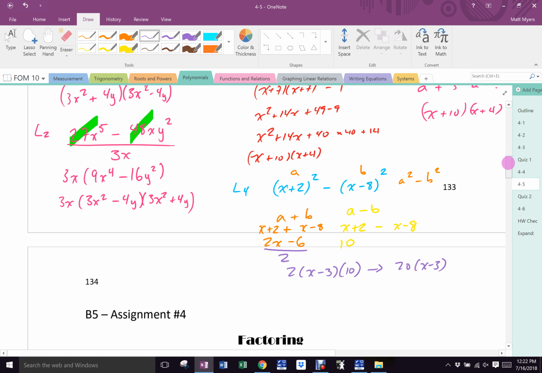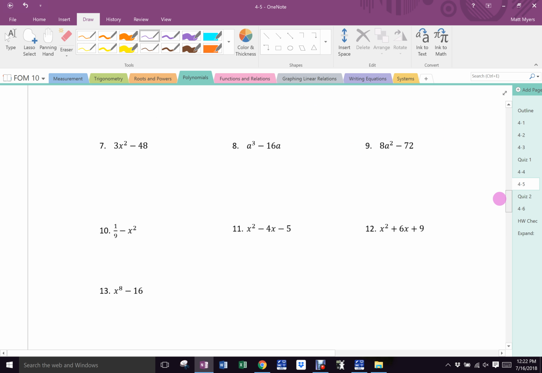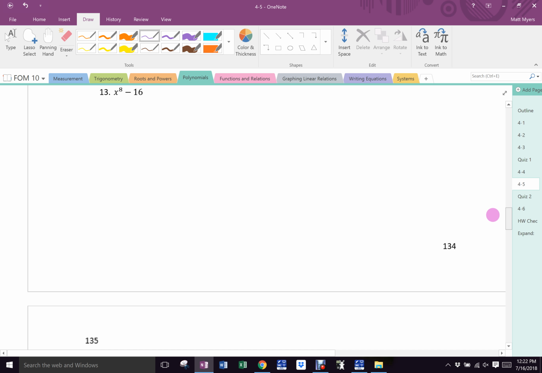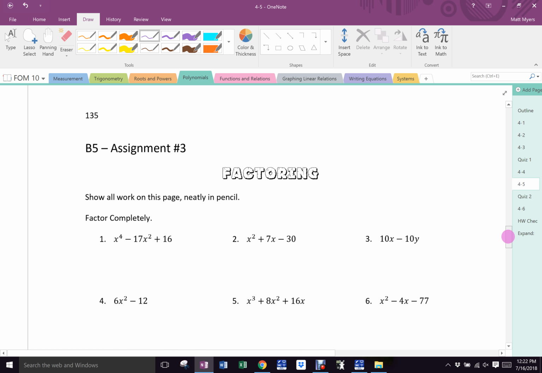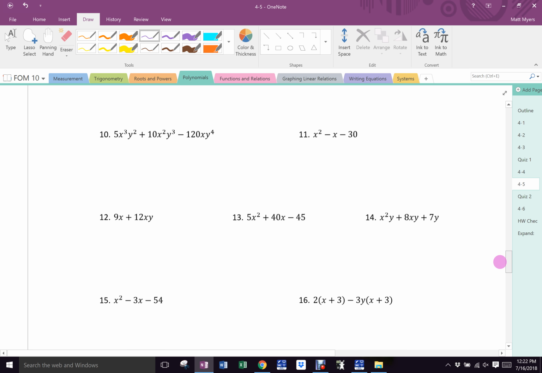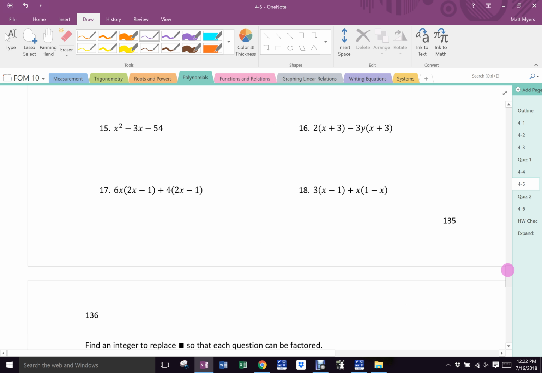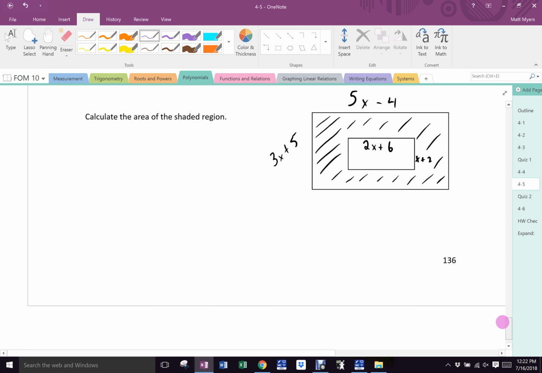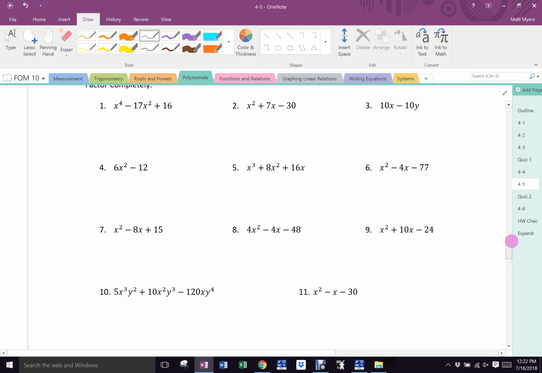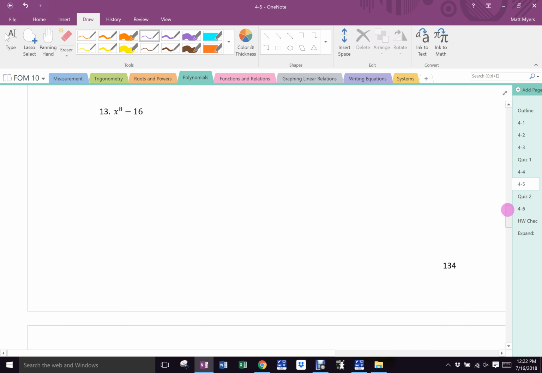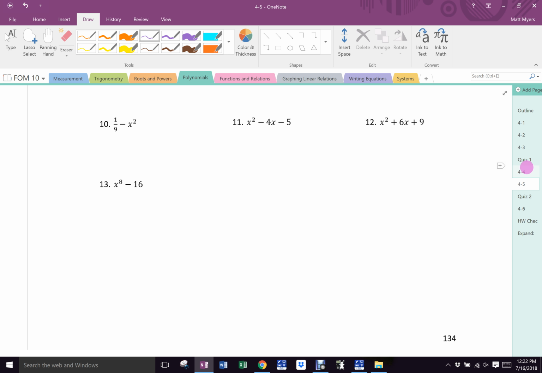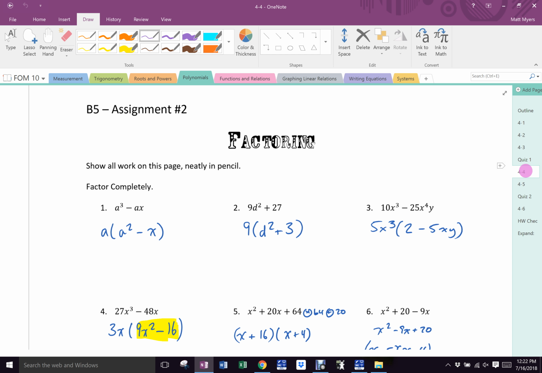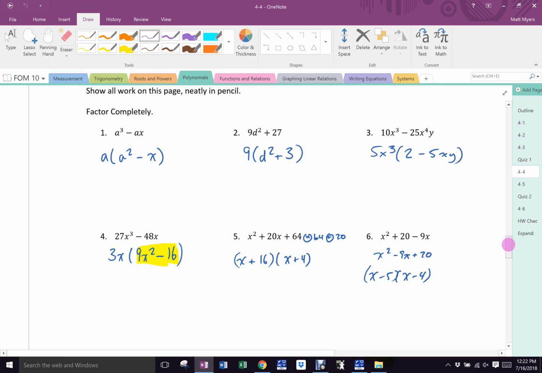Now, on page 134, you're going to do that. There's nothing tricky. On page 135, you're going to do that. There's nothing tricky. Page 136, you will find to be a little bit difficult. All right? The last thing we did as a class was this page for marks.